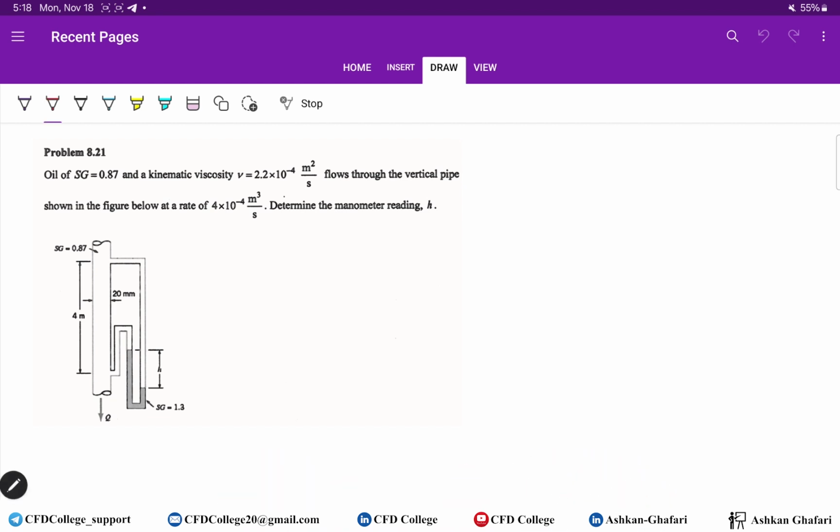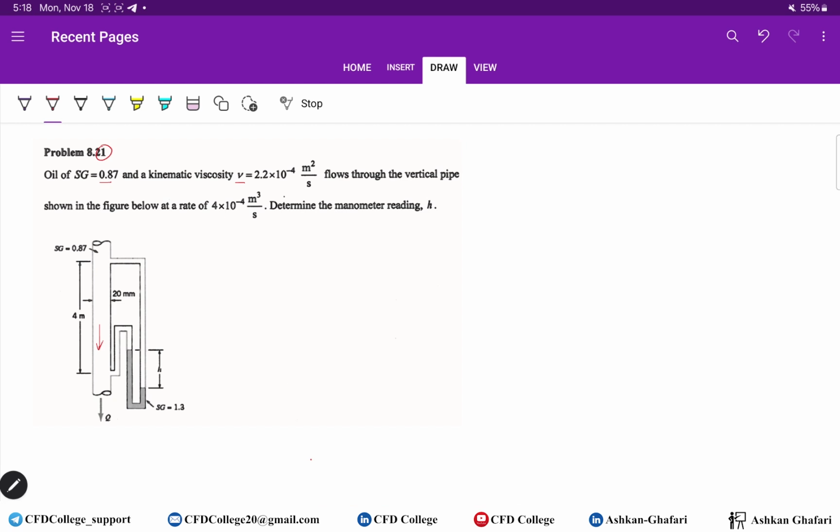This is the first problem, number 21 of chapter 8. Here we have a pipe. Oil of SG, specific gravity, 0.87 and kinematic viscosity nu equals 2.2 times 10 to minus 4 square meters per second flows through the vertical pipe at a rate of 4 times 10 to minus 4 cubic meters per second.